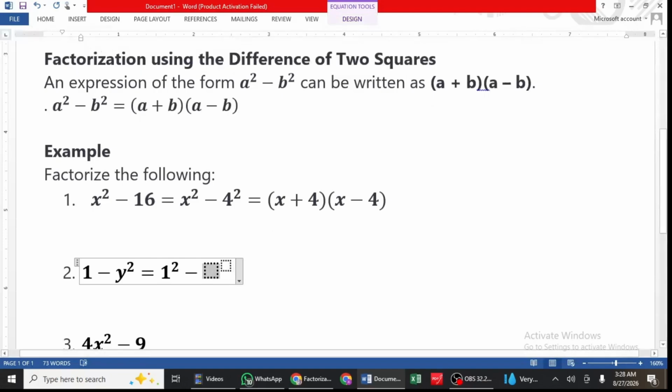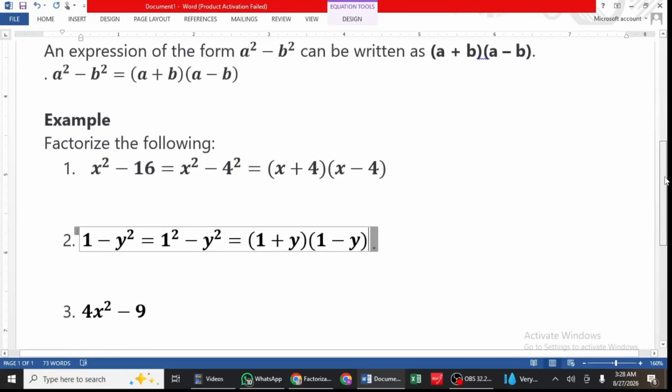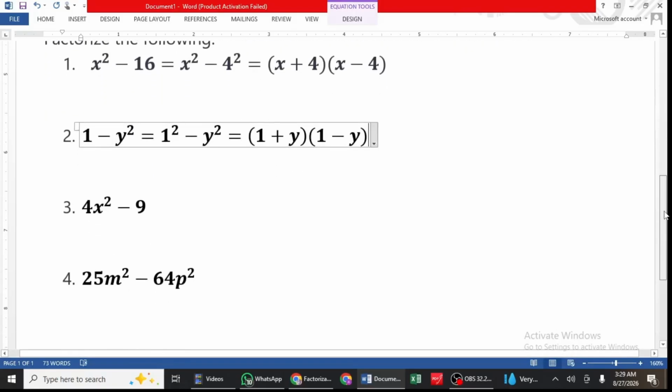And by the time you express this, it is going to give you 1 plus y, then 1 minus y. And this is how to factorize difference of two squares.